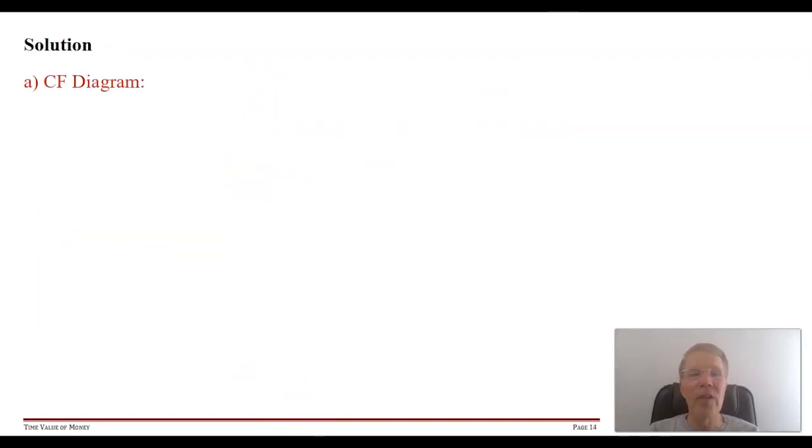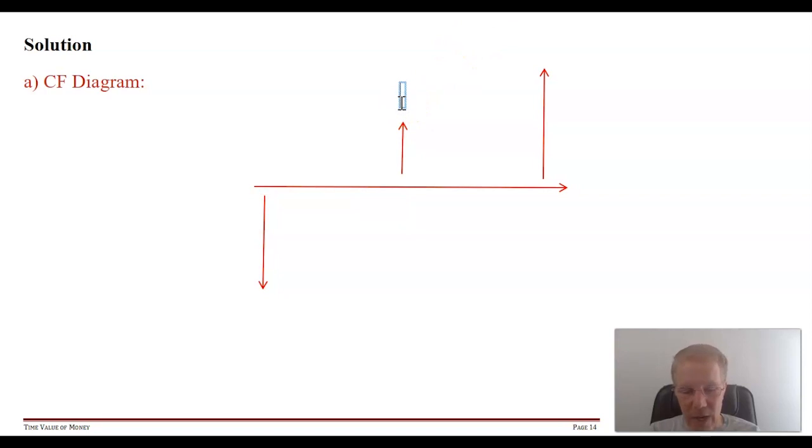So for our cash flow diagram, you guys know the story here by now. We put time on the x-axis, and we're going to put our CF0 there. Now we've got our 6K. They're claiming that they're going to pay us if they don't go bankrupt or become fraudulent and take our money and run down to the Turks and Caicos, never to be seen again. And there's our CF0.